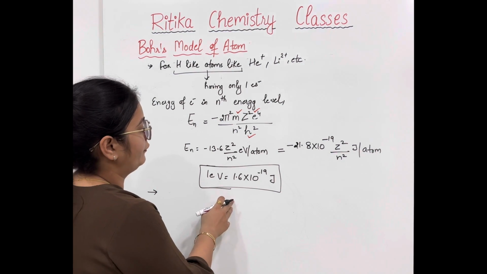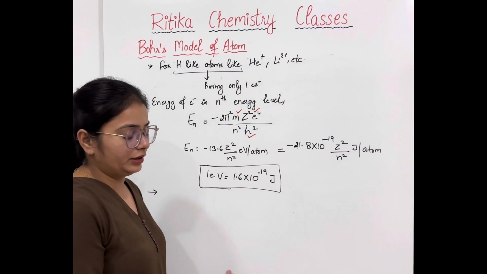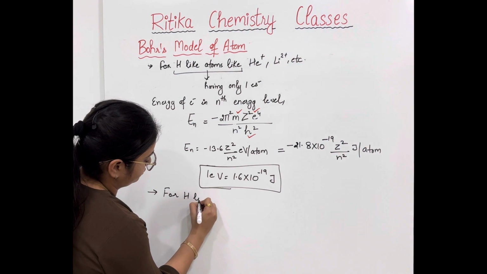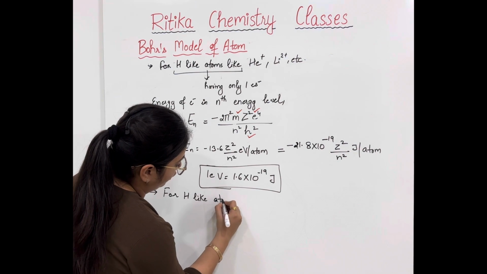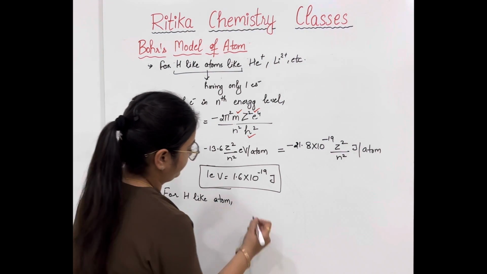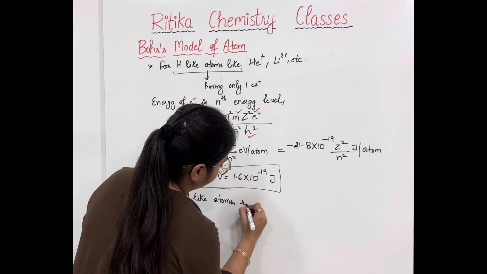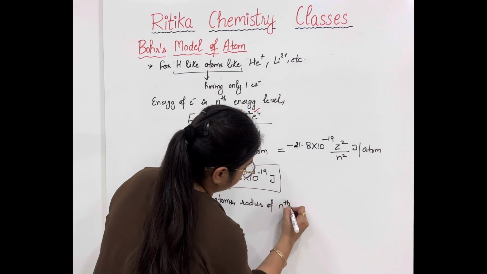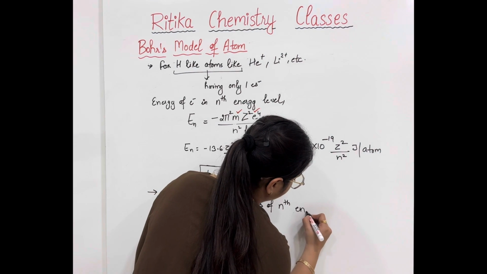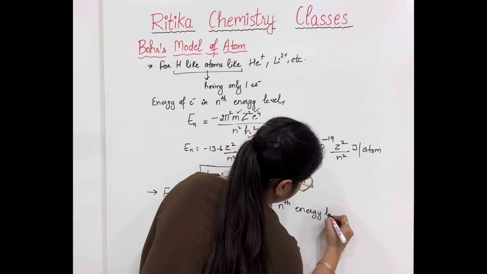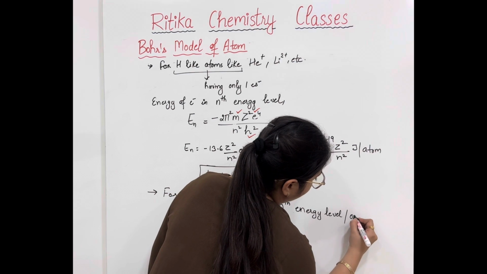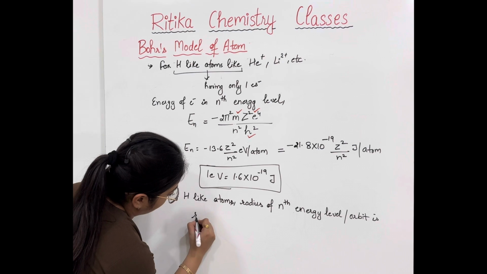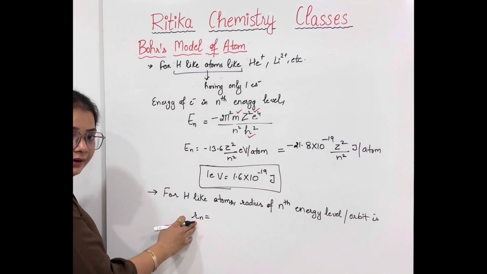If we want to find out the radius of the orbit, write down: for a hydrogen-like atom, the radius of the nth energy level, or you can say orbit, is denoted by Rn.